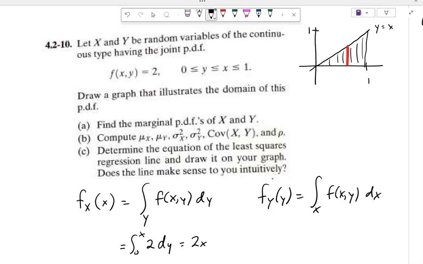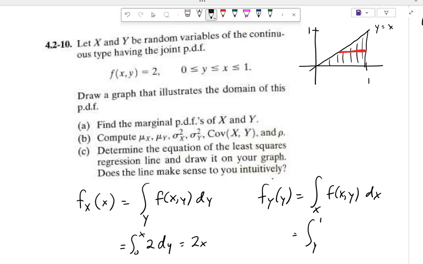Everybody okay with where those bounds are coming from? Okay. For the other way, let me erase this red if I can. Good, I did. The other way, I need to integrate with respect to x and hold my y constant. What are your bounds in that case? Yeah, y to 1, right?